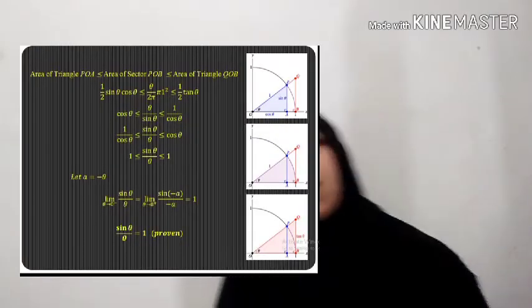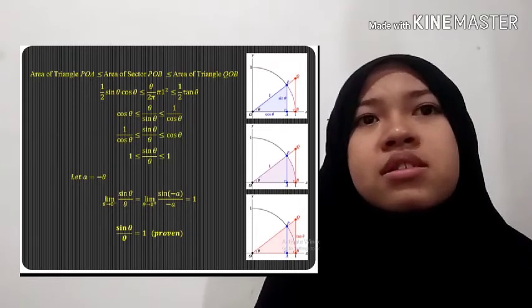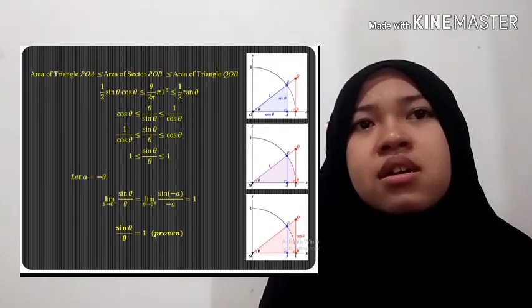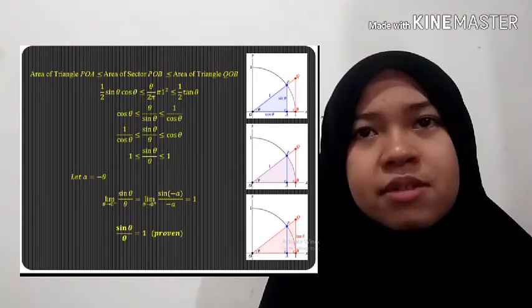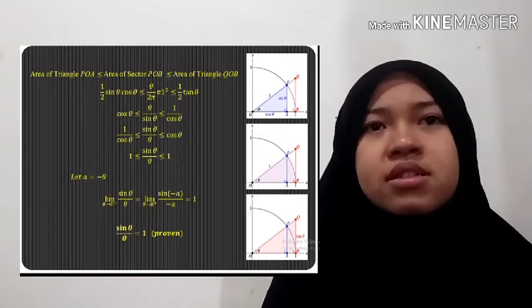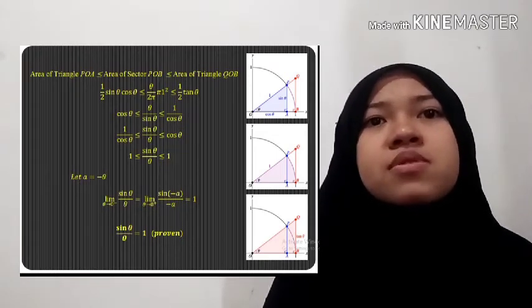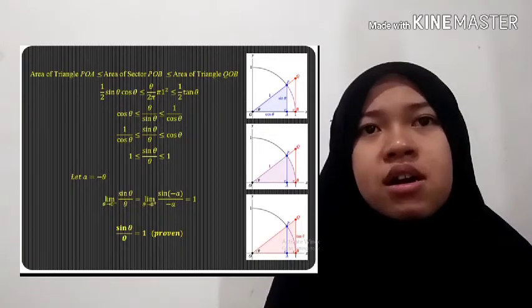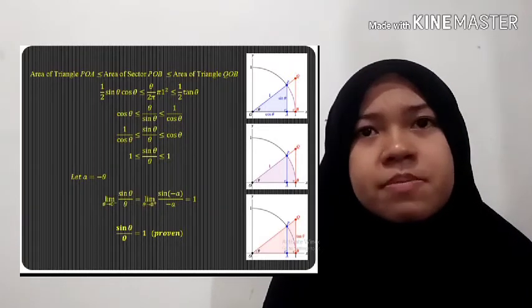So we can find the areas. The first picture is a right triangle, whose area is a half times sine theta times cosine theta. The second, theta over 2 pi times pi times 1 squared. And the third, a half times 1 times tangent theta.